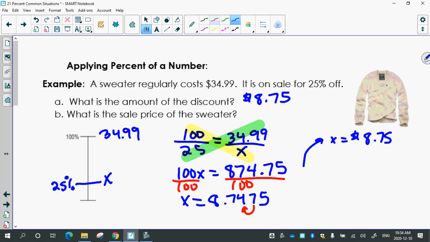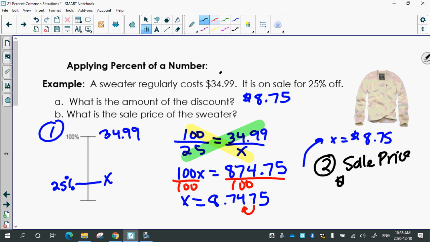But what would the sale price be? If I know that I saved $8.75 and it was originally $34.99, what would I do to figure out how much it costs now? You just subtract. Perfect. So here's part 1 was finding the discount. Part 2, to get the sale price, all you have to do is subtract, like Sawyer said.